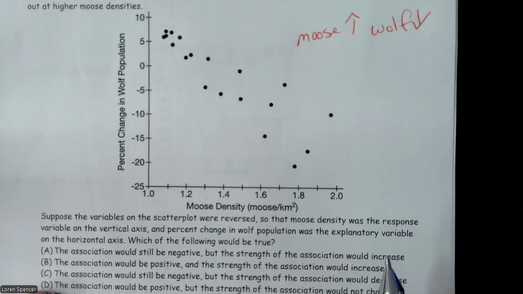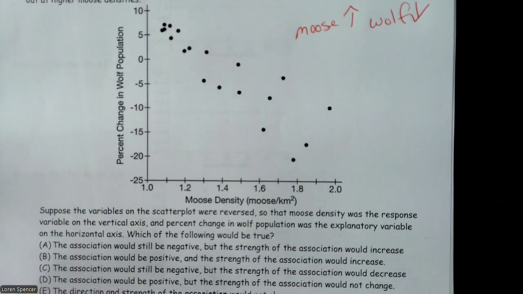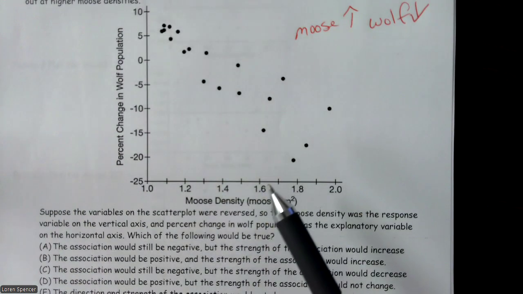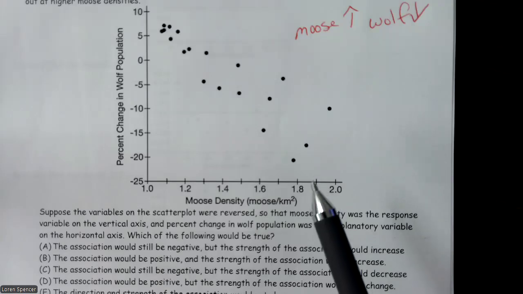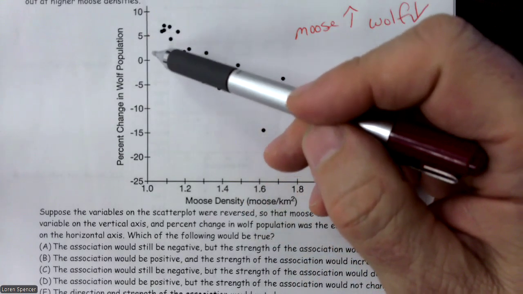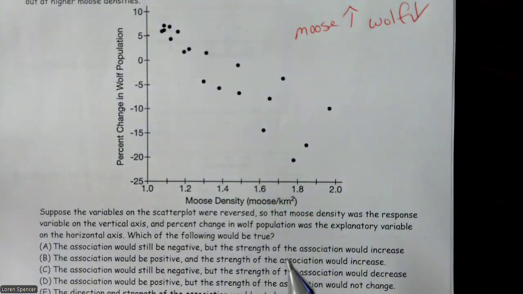Suppose the variables on a scatter plot were reversed, and moose density was the response variable on the vertical axis and the percent change in wolf population was the explanatory variable. Which of the following would be true? If they switch, it would still be the same situation. Moose would be up high, and when the moose are up high, it's the opposite direction.